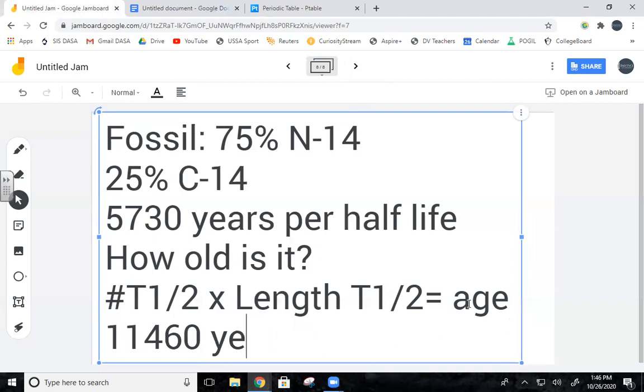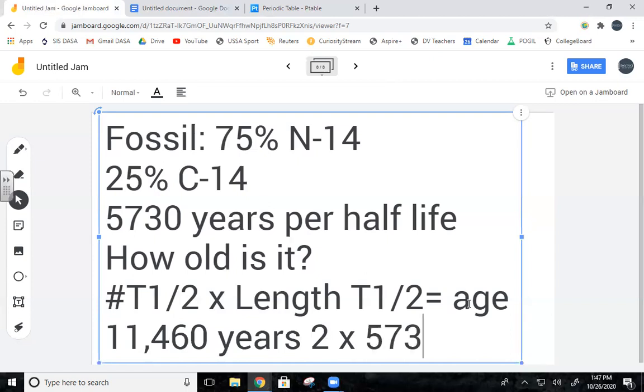Do we see how we did this? We multiplied 2 by 5,730.